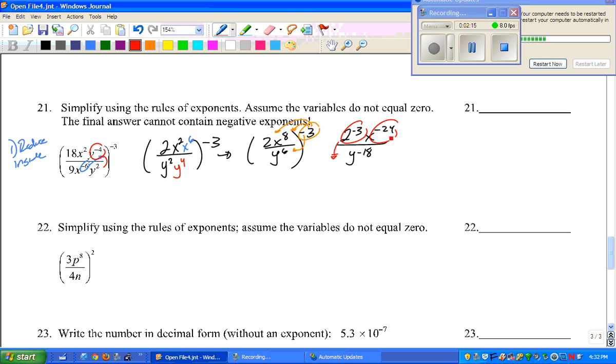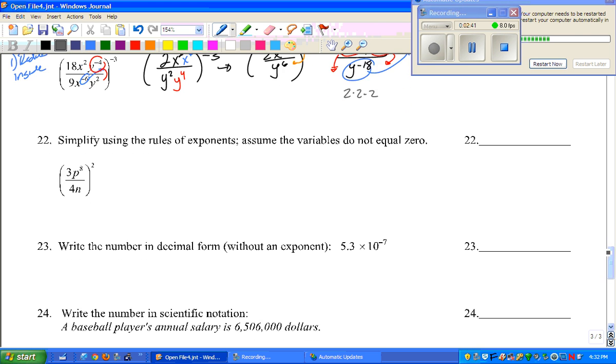Anything that's on the top and negative, you have to bring down, and anything on the bottom and negative, you have to bring to the top. So your final answer would be y to the 18th over 8x to the 24th. And the reason I got 8 was that was 2 times 2 times 2, which gives you 8.